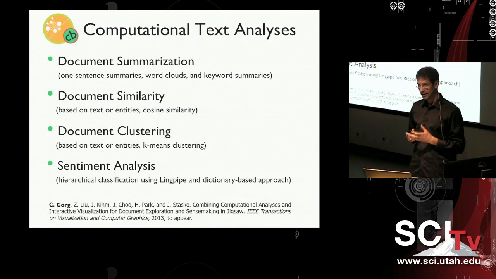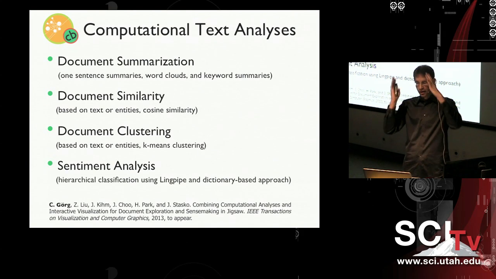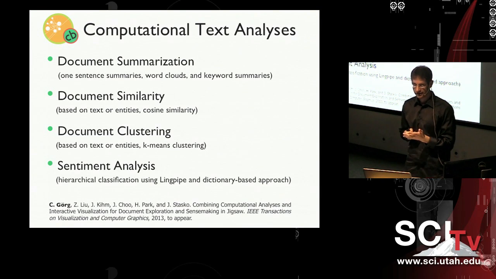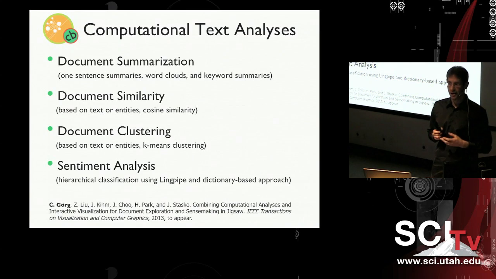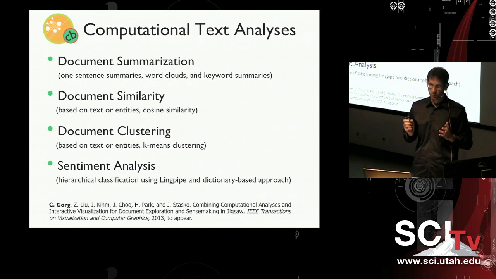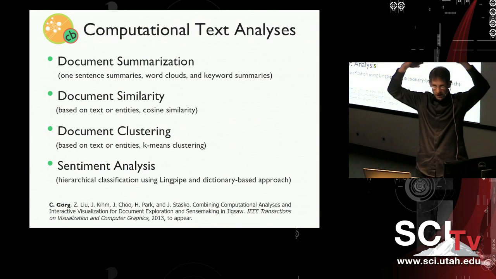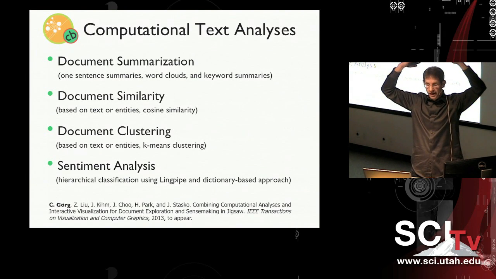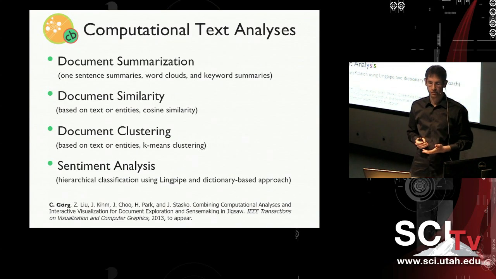I use document similarity for the bottom part of the hourglass, where the analyst has found a document of interest, and then the document similarity analysis can automatically point to other documents that are similar and therefore might also be of interest. Then I've also implemented document clustering, which is really useful for the top of the hourglass, where I really don't know yet what to investigate, but if I cluster my documents according to content and create some themes, it's much easier to pick a subset to start the investigation with.